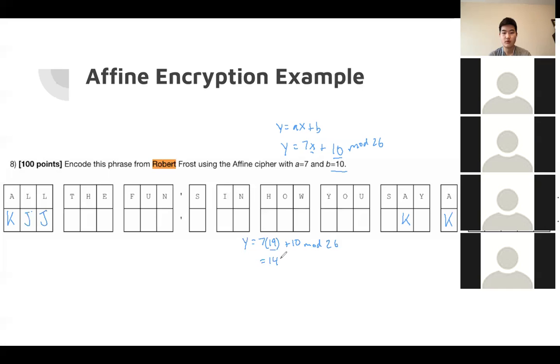So 143 mod 26, I think that's 13, because 130 is 26 times 5, and 143 minus 130 is 13. So all the T's go to N's because N is 13.